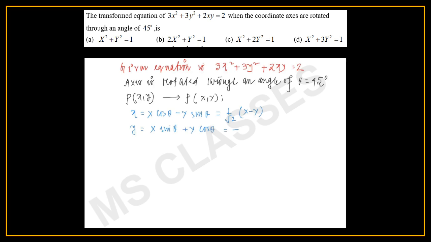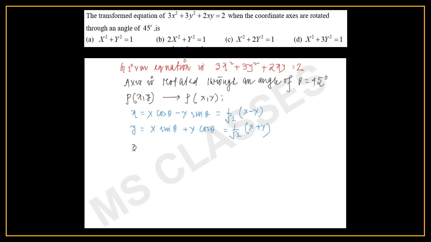So here we get 1 by root 2 into capital X plus capital Y. So we have small x and small y in terms of capital X, capital Y. Now we just substitute in the original equation.